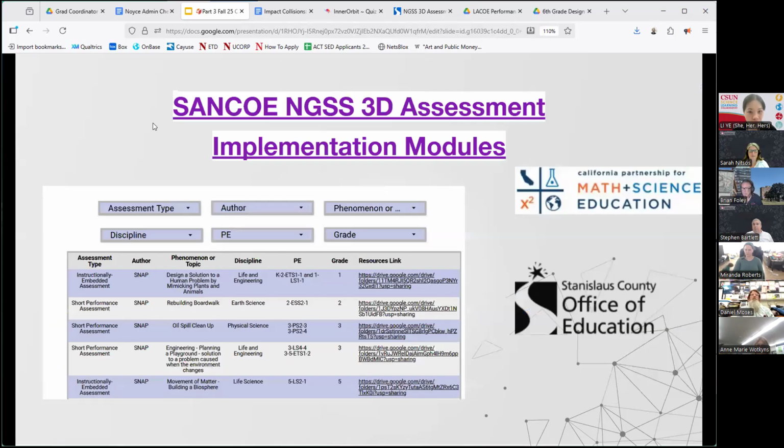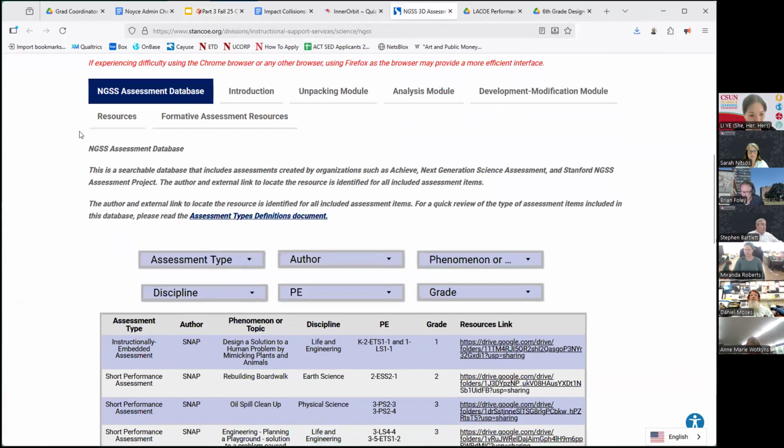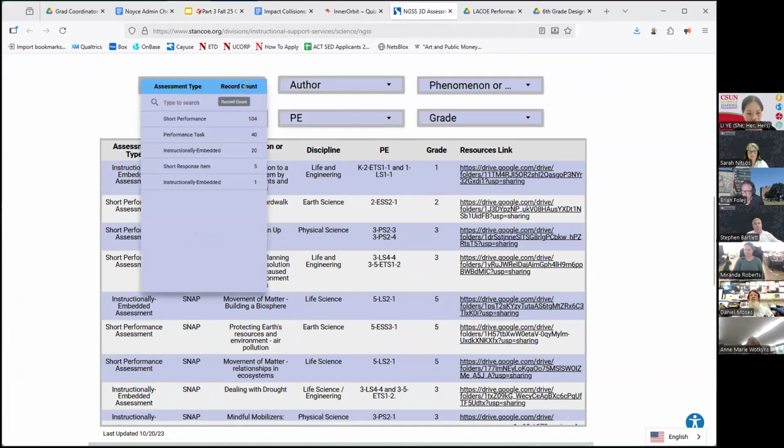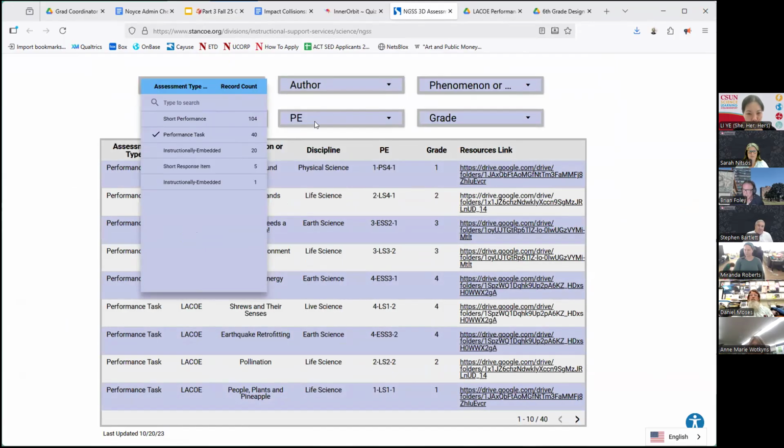Another great resource is the SANCO assessment repository, I guess. This is another collection of assessments that the Stanislaus County Office of Ed has put together. When you go there, you can use drop downs to see what type of assessment you want, such as a performance task.